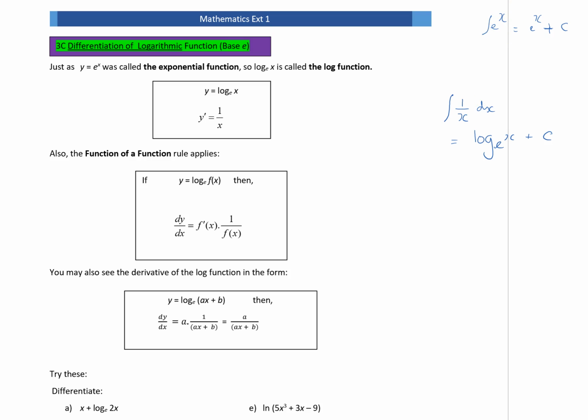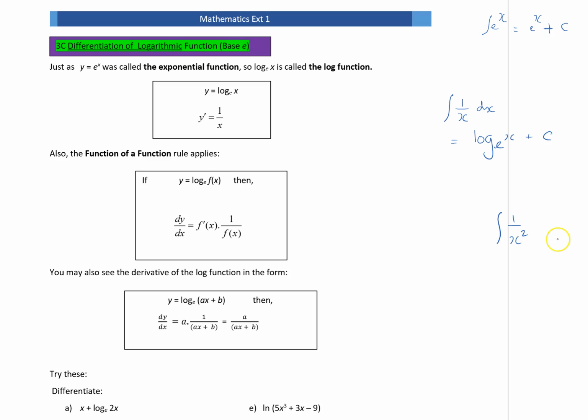Here, in this integration, we see nothing suggesting log, except that x is in the denominator and it is to the power 1. So x is in the denominator. But that's confusing also, because we've had x in the denominator before. And when we've got the integral, for example, of 1 on x squared, we don't go to a log.